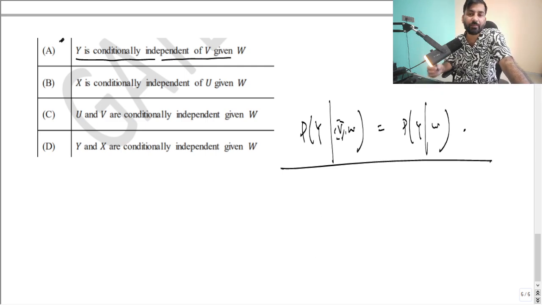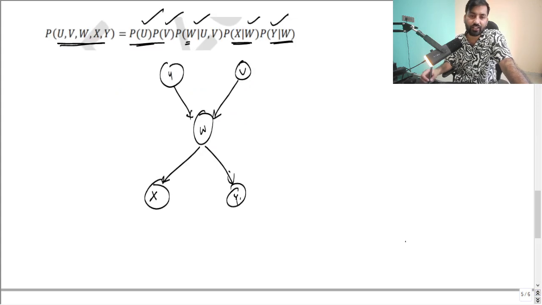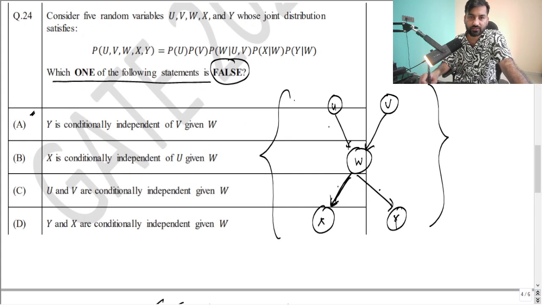It is independent, and you can also see this in the Bayesian network: W is present, V is not there. So this is correct. Understood? It is not a false statement.